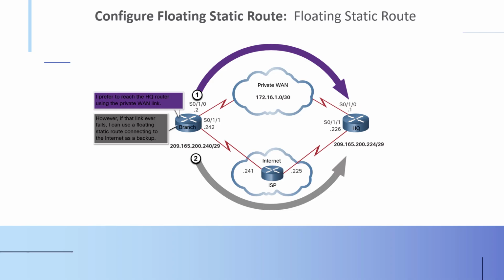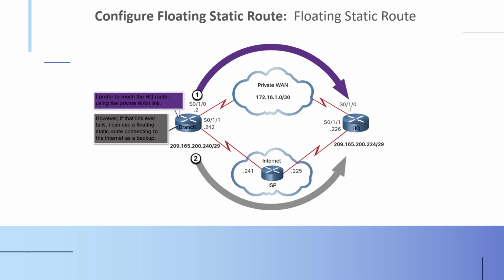By default, static routes have an administrative distance of 1, making them preferable to routes learned from dynamic routing protocols. For example, the administrative distances of some common interior gateway dynamic routing protocols are, as I said, 90 for EIGRP, 110 for Open Shortest Path First, and 115 for Intermediate System to Intermediate System.